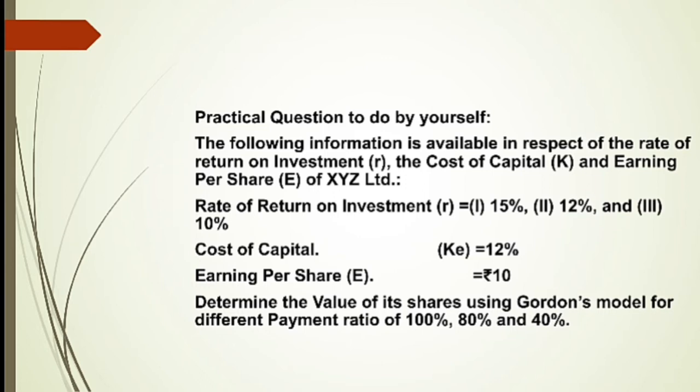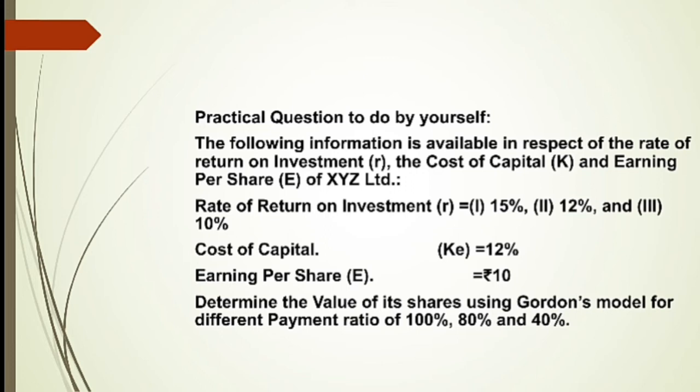In the first condition, the rate of return on investment is 15% and K is 12%. So 15% is more than 12%, and this is the category of growth firms, R greater than K. In the second main condition, R is 12% and K is also 12%, that is R equals K, which indicates a normal firm.